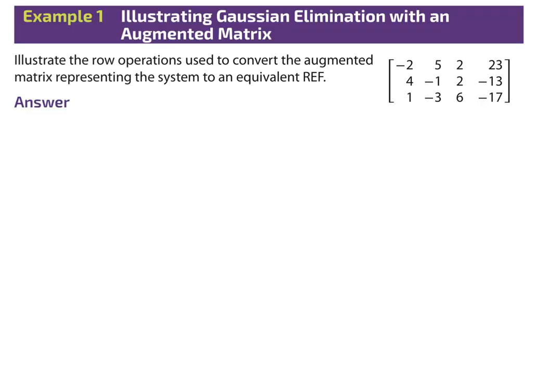All right, so let's look at this first one. Illustrate this to get an equivalent REF. They talk about the Gaussian elimination giving you an augmented matrix right here, and it says row echelon form. REF is just the short notation for row echelon form.